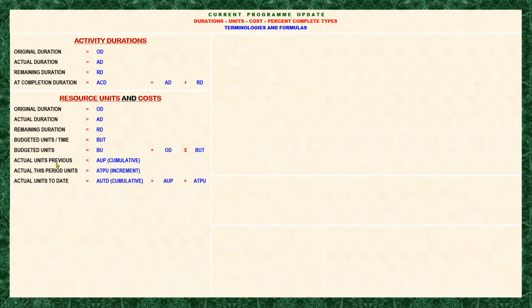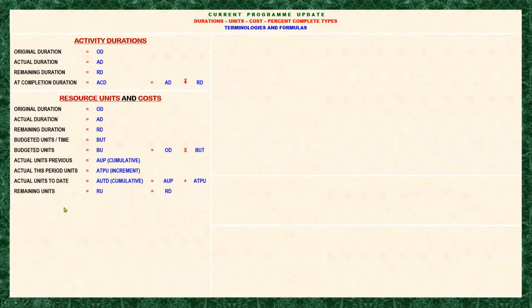And the actual units previous is for the months of June, July, and August. That is the cumulative amount. If you add the previous and this period units for the month of September, you will have the actual units to date, which is equal to the previous plus the month of September actual units. Okay.